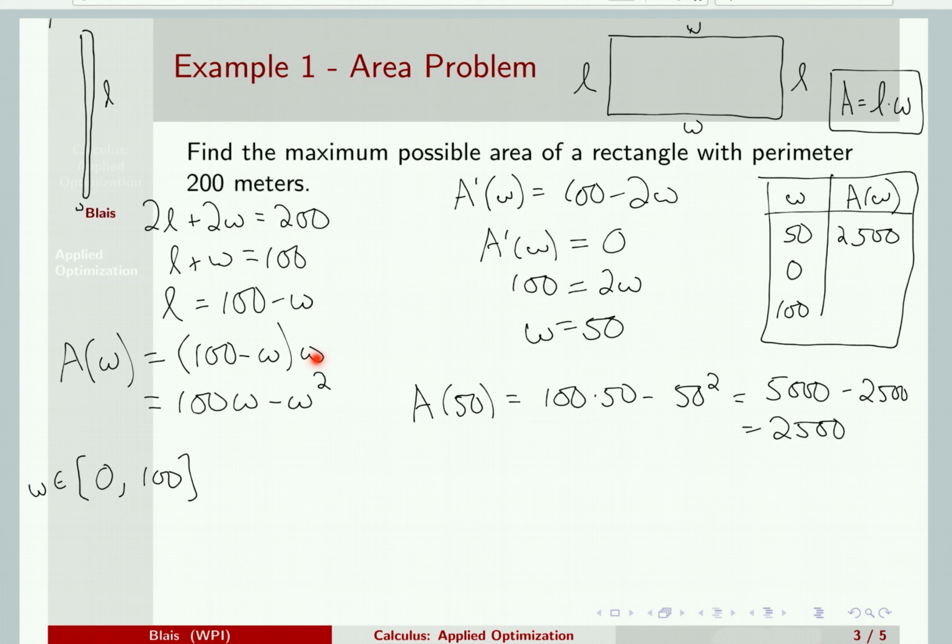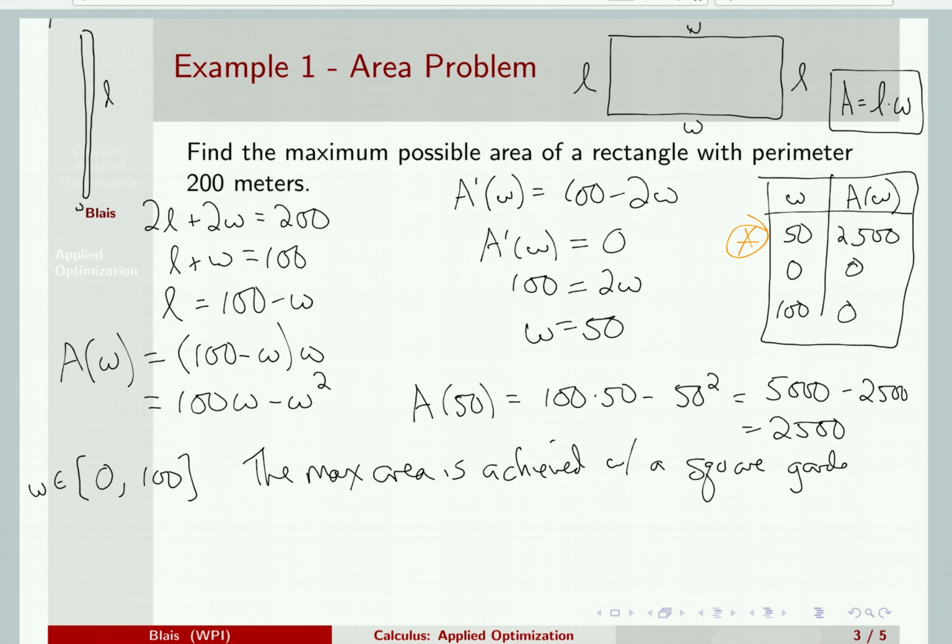And if we plug in 0, this term is 0, so we get 0 for the area. So this means that we have found the maximum. The maximal area is achieved with a square garden. So the width is 50 and the length is 50.